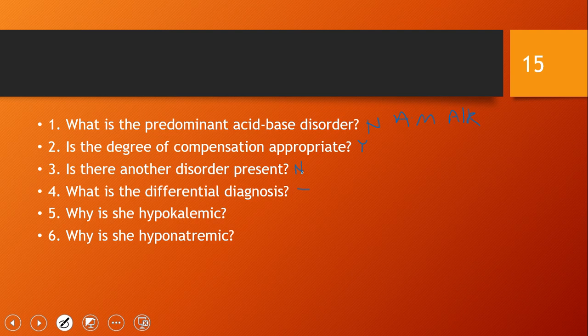What is the differential diagnosis? Now let me help you remember this silly thing. If a person has metabolic alkalosis, you've got this silly picture here of this elk. That helps you remember that it's metabolic alkalosis. Metabolic kind of sounds like metal ball. So this elk has been shot multiple times by metal balls. He's got metal balls all over him.